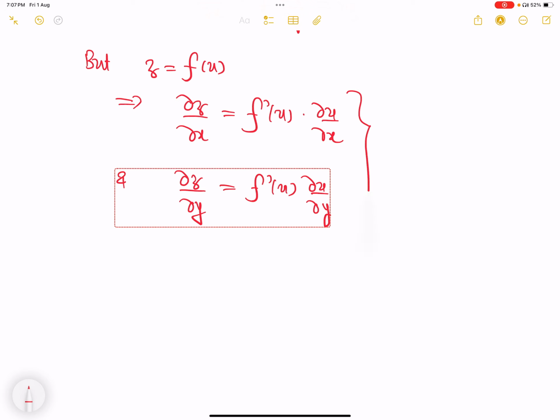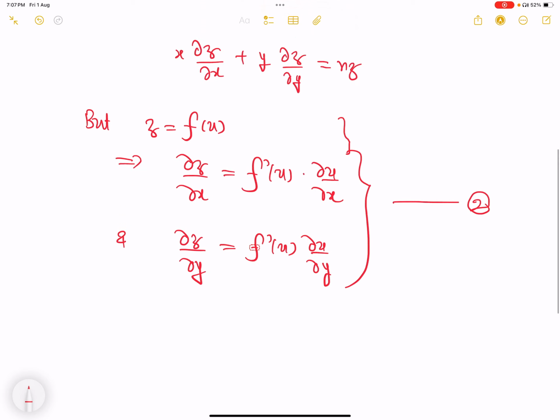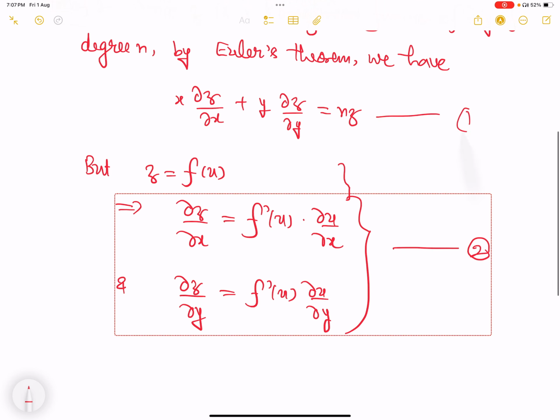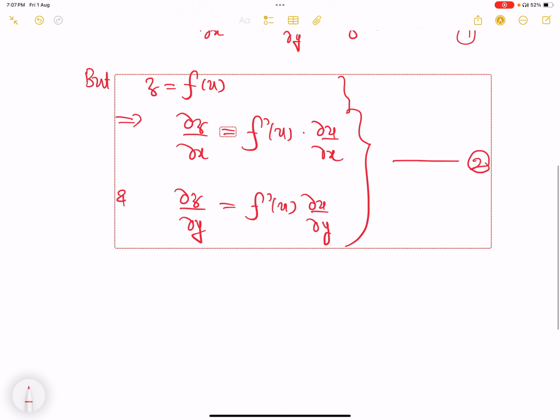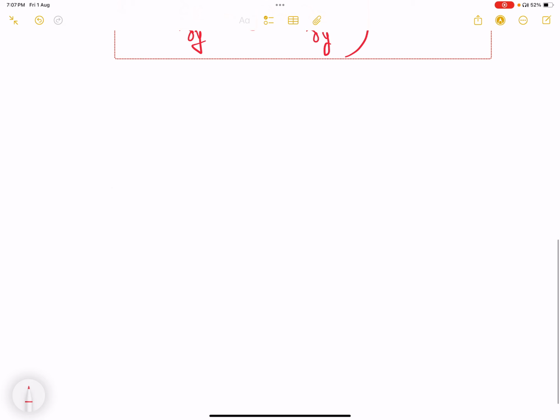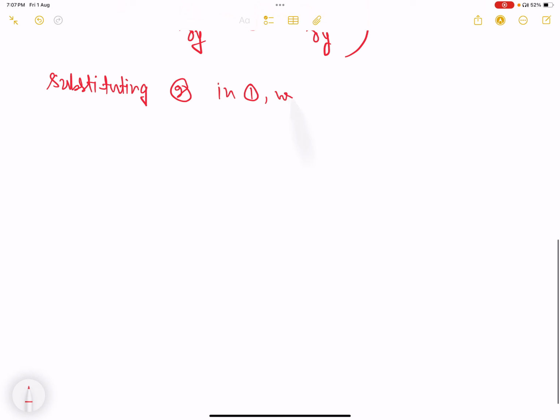So let's say this is equation number 2, and the above one we call 1. So substituting 2 in 1, what do we get?